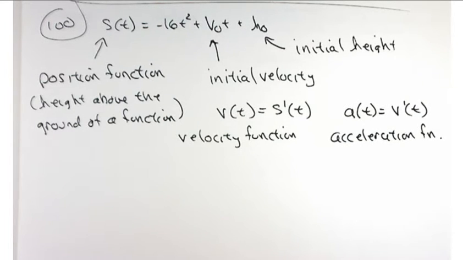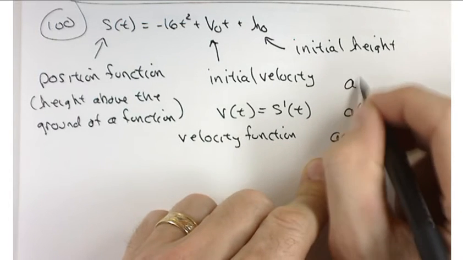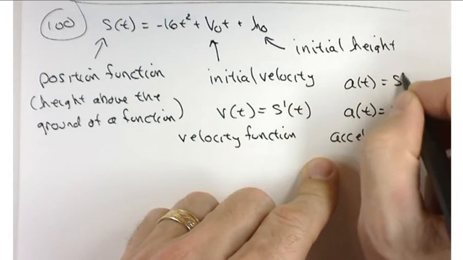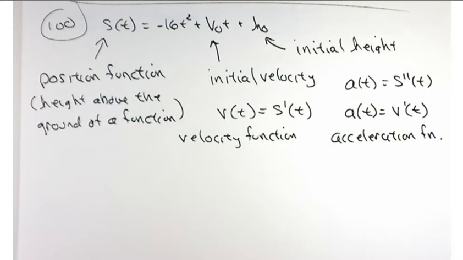Now typically we stop there, and that's where we're going to stop in this course, with the second derivative. Another name for a of t would be s double prime of t. So it's the second derivative of your position function. You can actually go one farther.